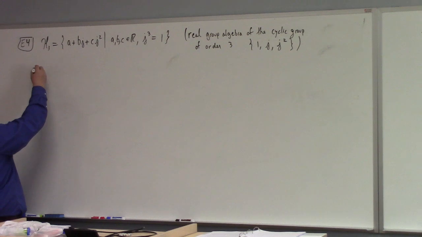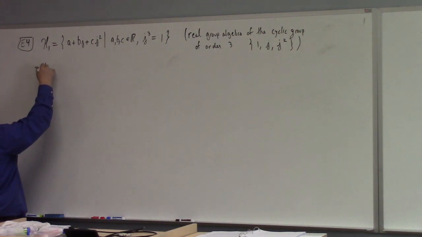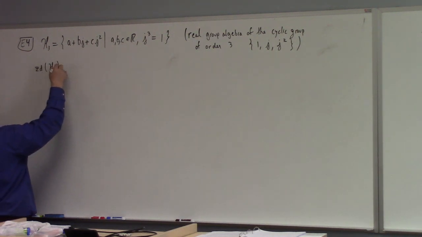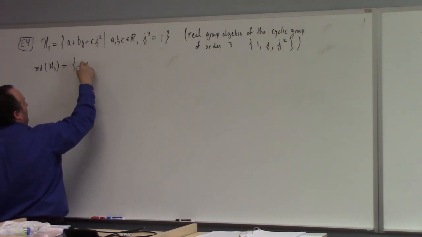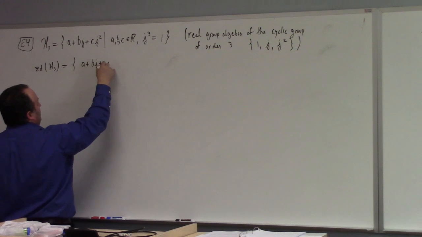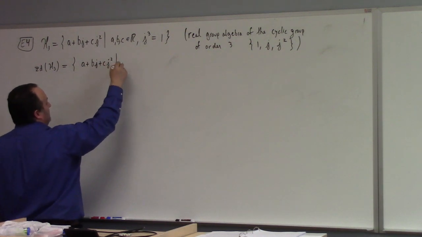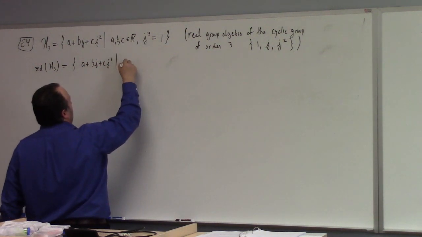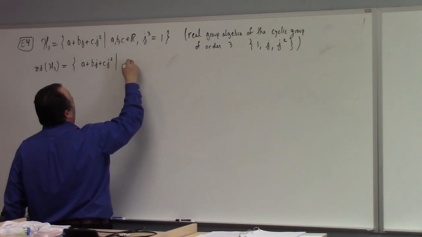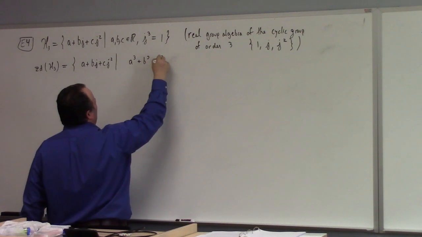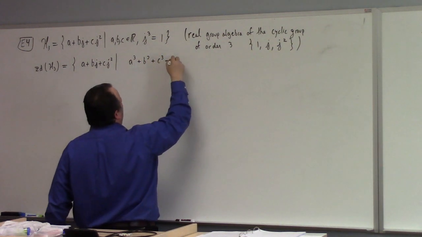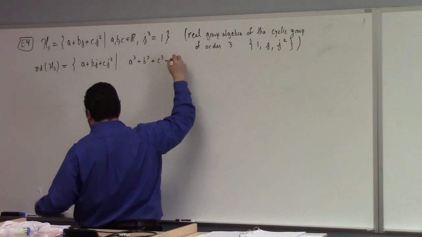But what I'll point out here is, well, I'm just going to tell you something. It turns out that the zero divisors, and this is not obvious, but I'm just going to tell you, the zero divisors of the 3 hyperbolic numbers are things of the form a plus bj plus cj squared, such that, how's it go? a cubed plus b cubed plus c cubed minus, man, what was it?